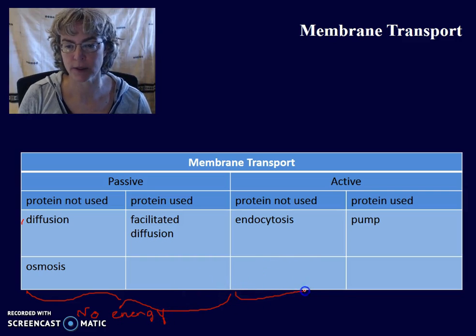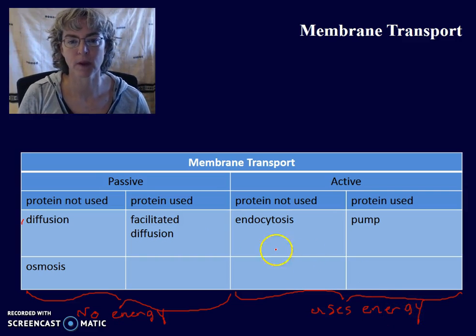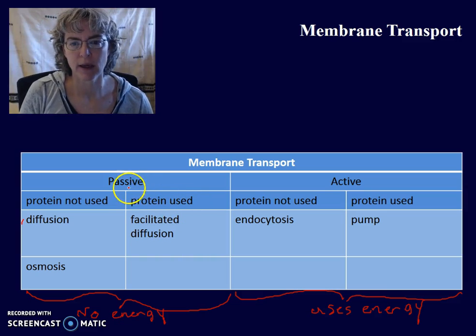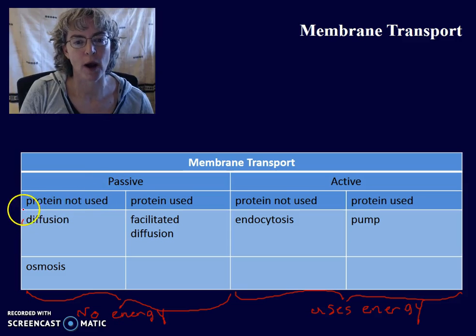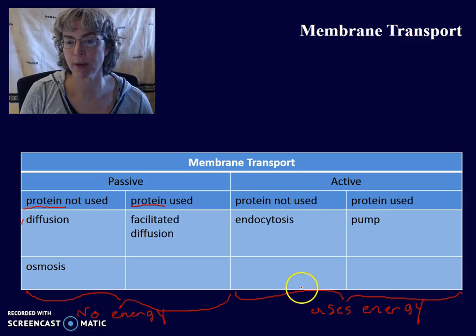Active transport does use energy. Another way of categorizing these methods of transport would be whether a protein is used in the transportation process, not used, or is used. And again, same goes with active transport, whether protein is not used or a protein is used.